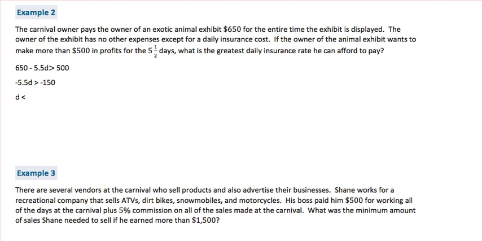So we're going to change that to less than, and then negative 150 divided by negative 5.5 will give us $27.27, which is rounded because the decimal does repeat. So the greatest amount that he can afford to pay is $27.27.